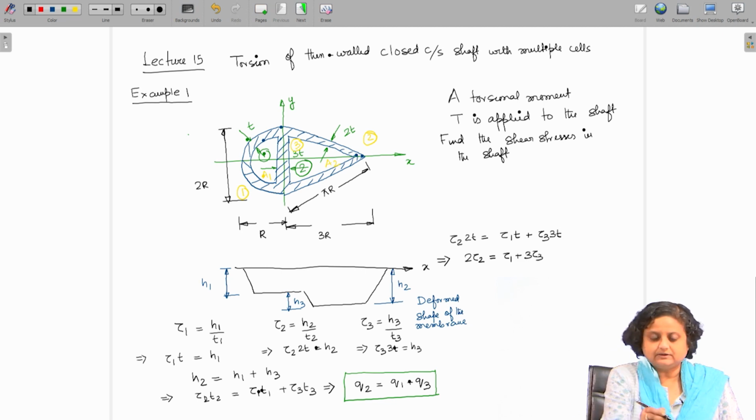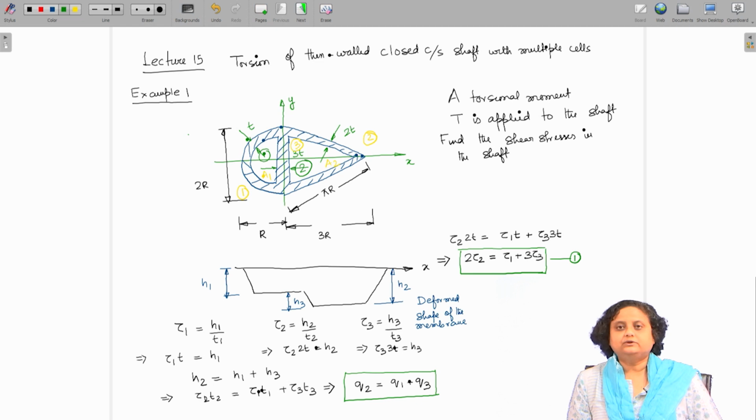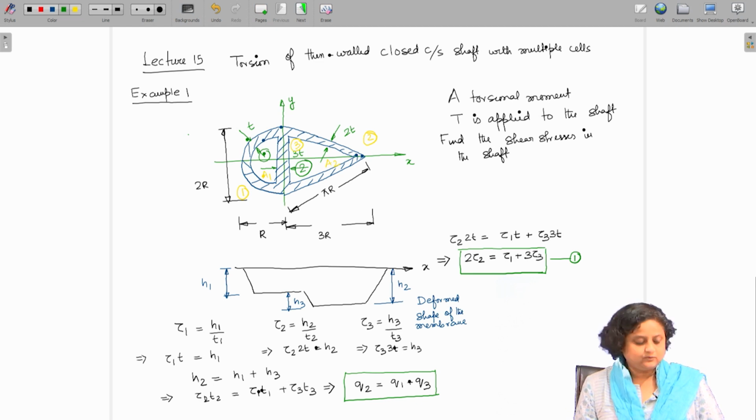This is another equation that we will be using later. Let me call this equation 1. These are the two expressions that we get from the equations that we have.